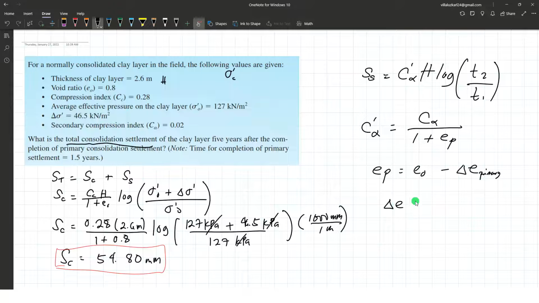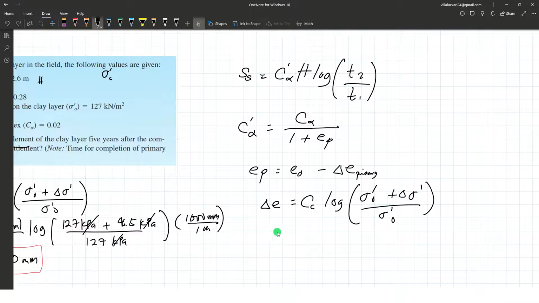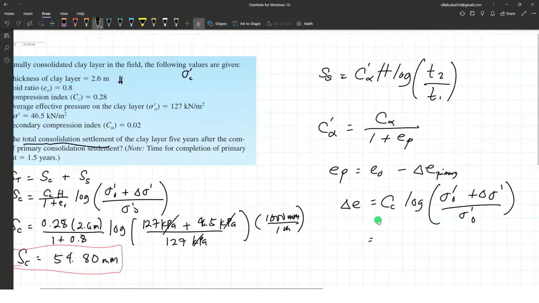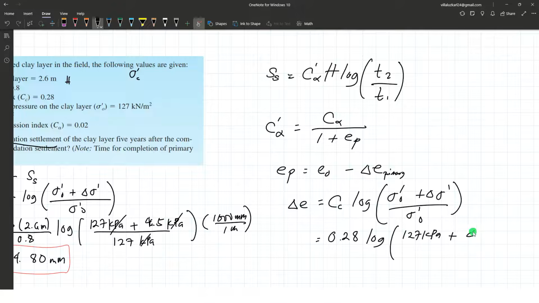For delta E primary is equal to CC logarithm of sigma prime 0 plus delta sigma prime over sigma prime 0. So yun. Let's compute this. We have compression index 0.28 logarithm of 127 plus 46.5 over 127.